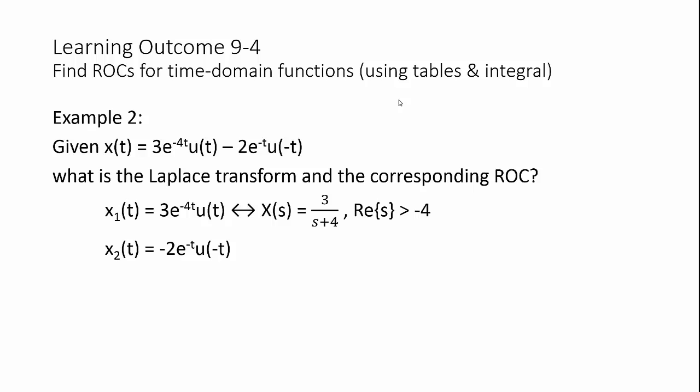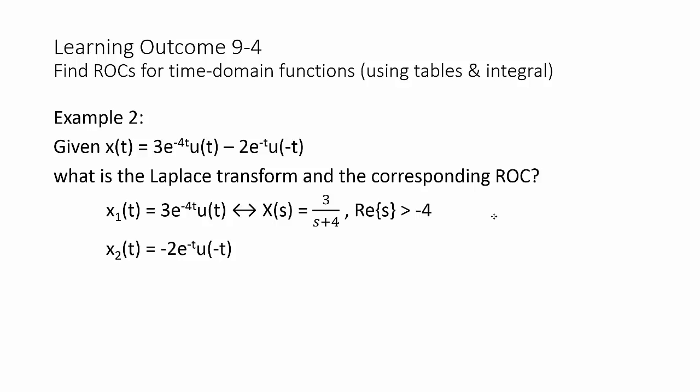The second part now is a little bit different. Now we need to look at transform pair 7 from table 9.2. This is going to have a Laplace transform of 2 over s plus 1. That negative gets used up in part of the transform. Make sure you look at property 7 in table 9.2. But now our region of convergence is the real part of s less than negative 1.